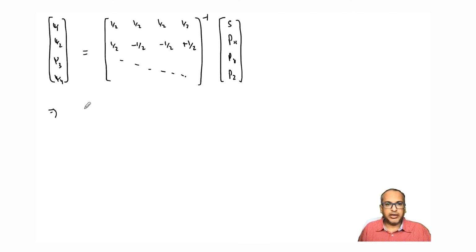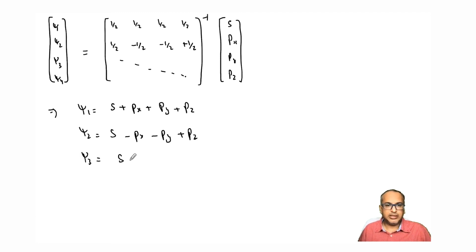Now this implies, if I expand this and take the inverse, I can write psi1 is equal to S plus px plus py plus pz. Psi2 as S minus px minus py plus pz. Psi3 as S plus px minus py minus pz.